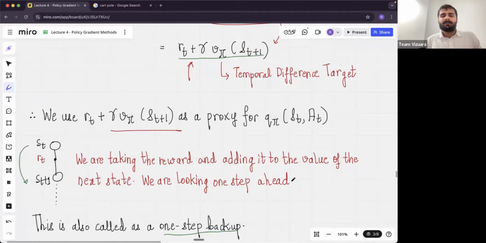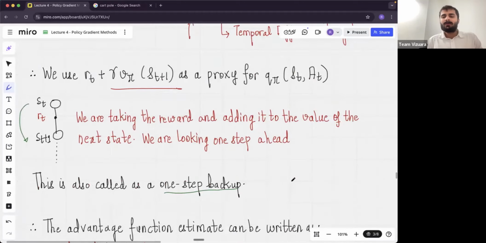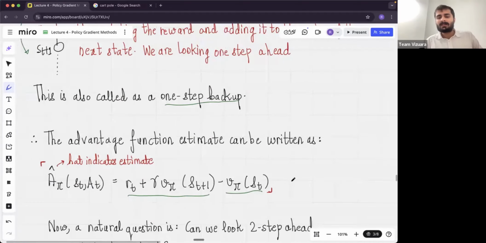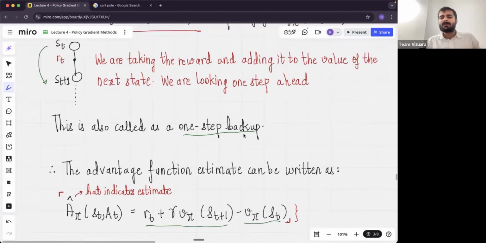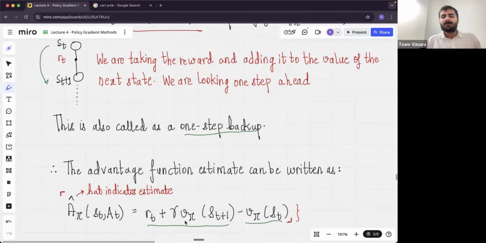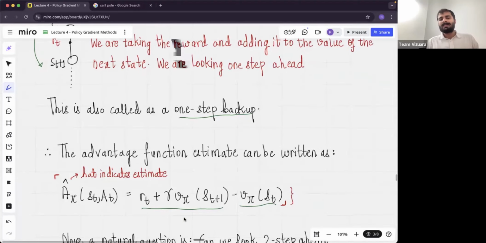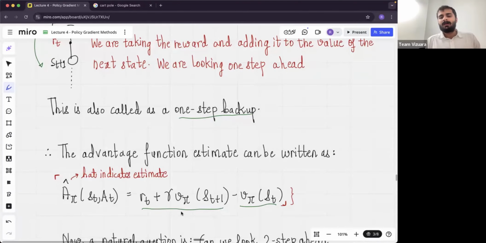Okay, so you can basically write down the advantage as something like this. The estimated advantage is equal to R_t plus gamma times the value function of the next state minus V pi. So this is also called a one-step backup, because we are using the value function of the next state to estimate the Q value.